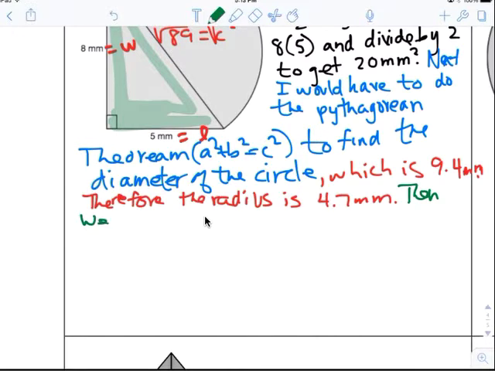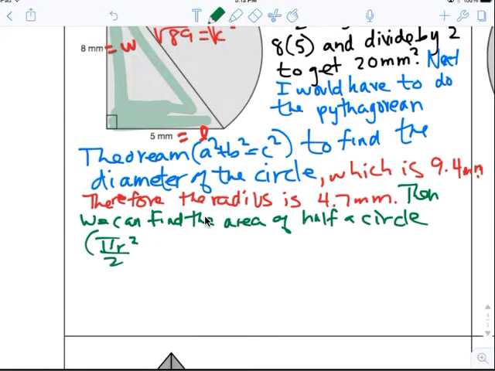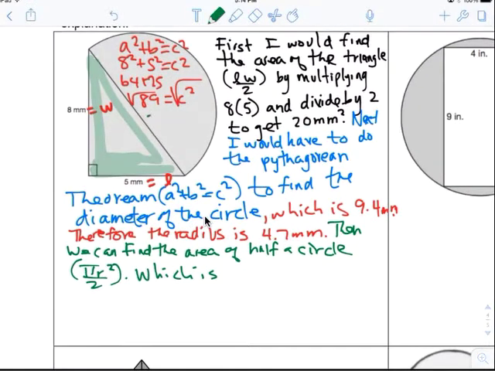Then we can find the area of half a circle, pi r squared divided by 2, by multiplying, which is 3.14 times 4.7 squared divided by 2. Put in your calculator.